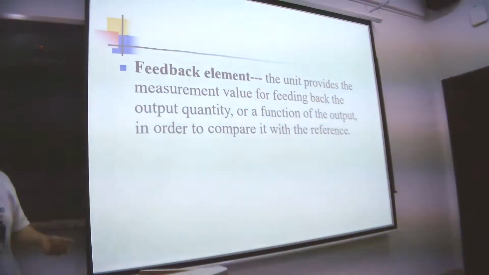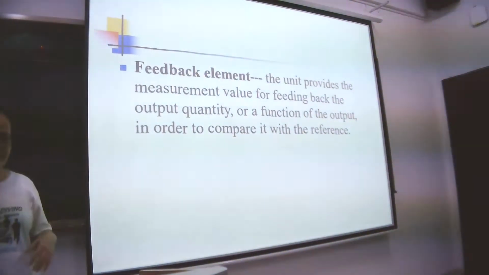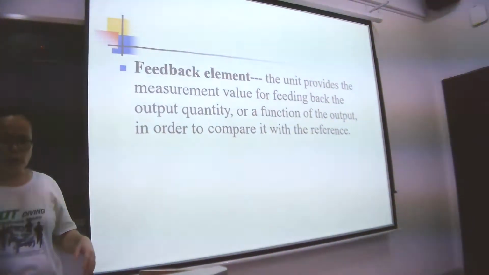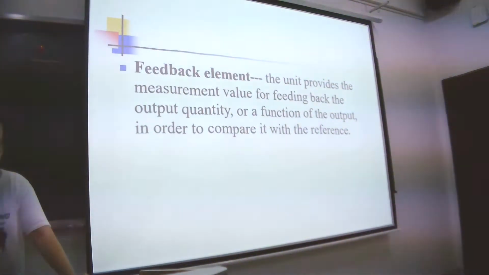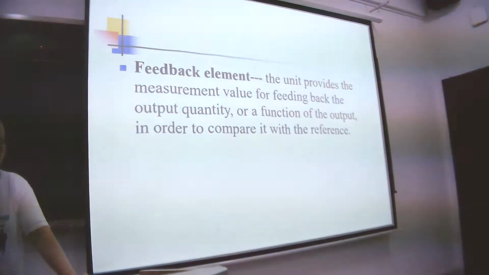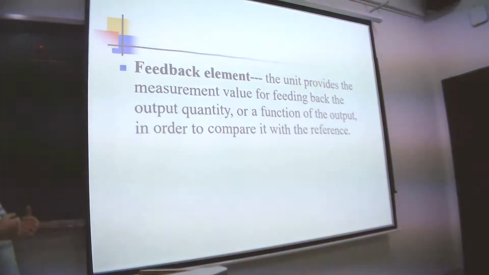Now, here we need the feedback element. The unit provides the measurement value for feeding back this output quantity. For a function of output, you want to compare it with the reference. Now, this feedback unit provides this measurement value.